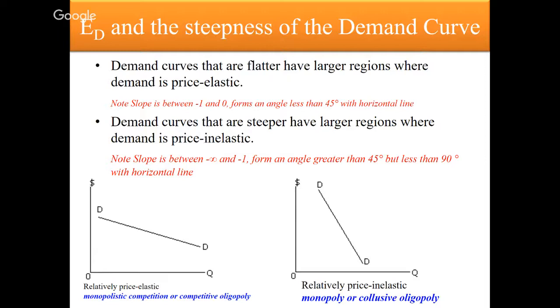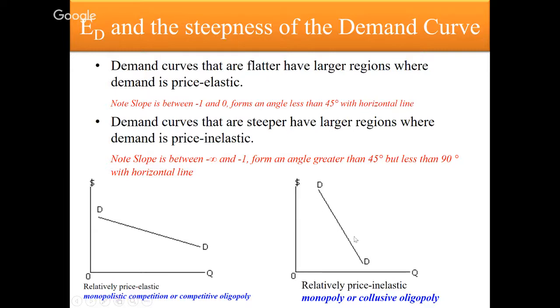A competitive oligopoly has a few large firms that dominate the market, but the firms are actually actively, aggressively competing against each other, and that makes demand more price elastic. We're going to learn more about these market structures a little later. Right now, I just want you to know that when you see a demand curve like this, it's either going to be monopolistic competition like a fancy restaurant or electronics store, or a competitive oligopoly like cell phone service.